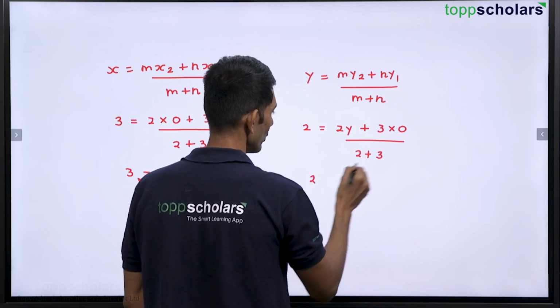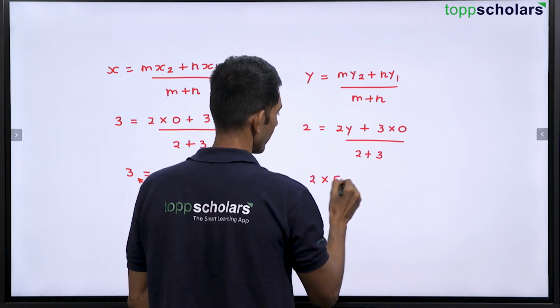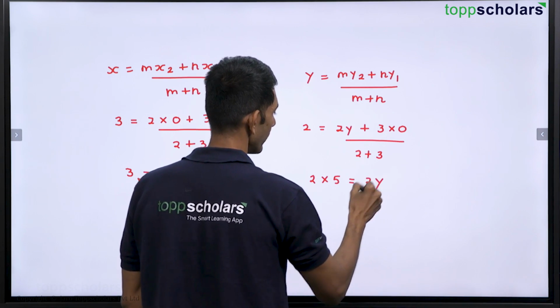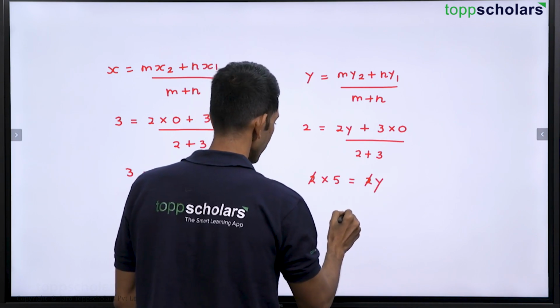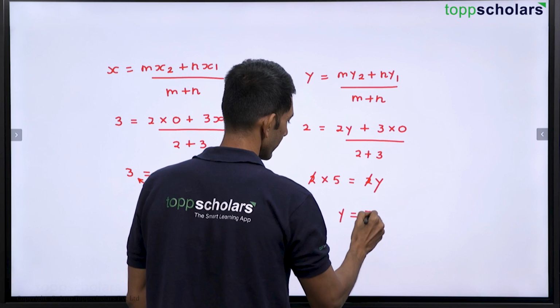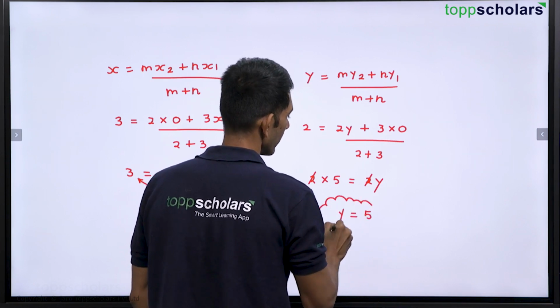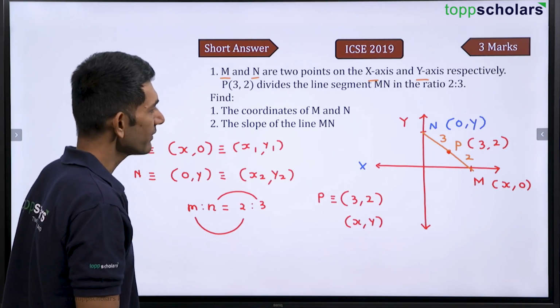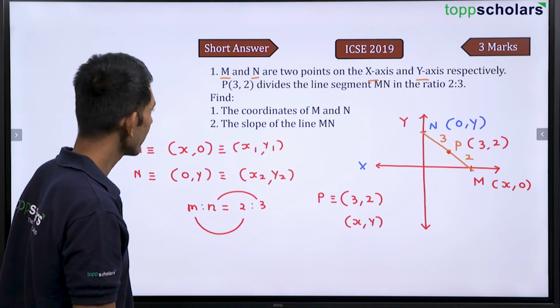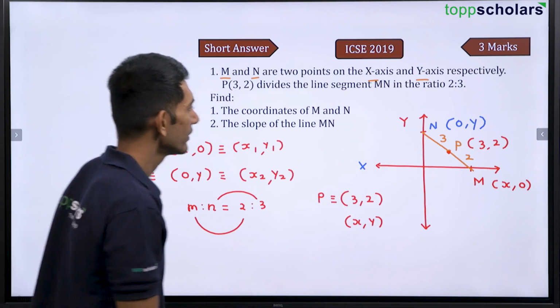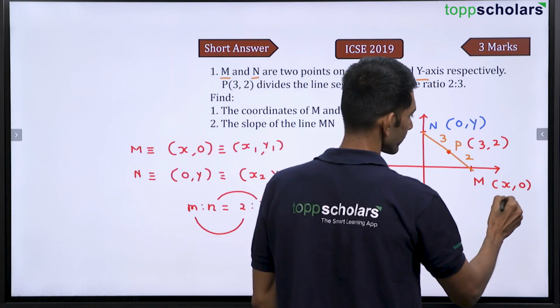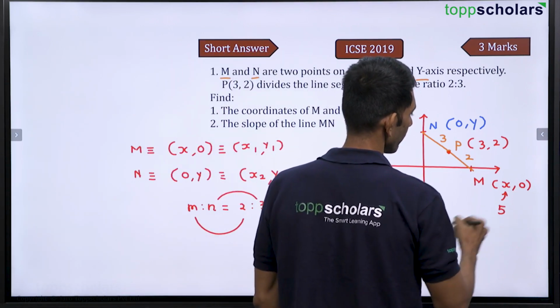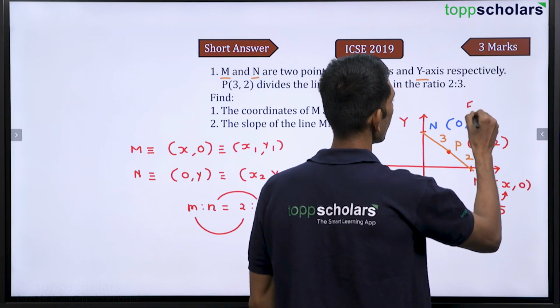So that is 2 into 5 is equal to 2y. 2 gets cancelled. So y will be 5. So basically x is 5, y is 5. Correct? x and y both are 5. So this is 5, 0. This is 0, 5.